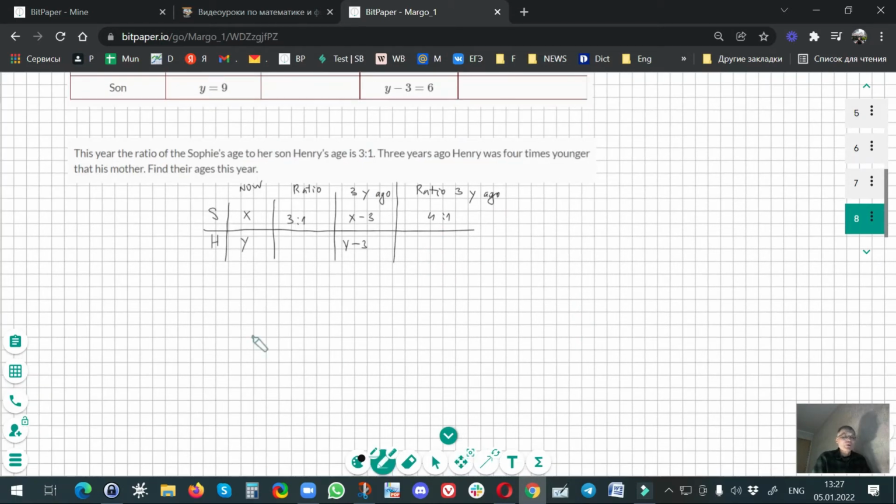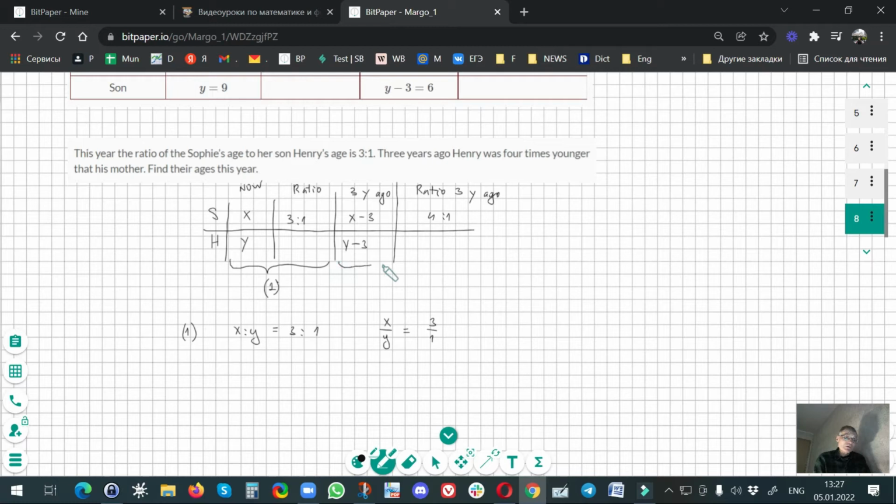And here we go, we write two equations. The first one is from this set of information. It gives us the first equation, which is x to y is 3 to 1. Or, as we mentioned many times and stressed many times, it is better to get used to more usual notations with a fraction line, with the usual look of the fraction. In this case, we get this one.